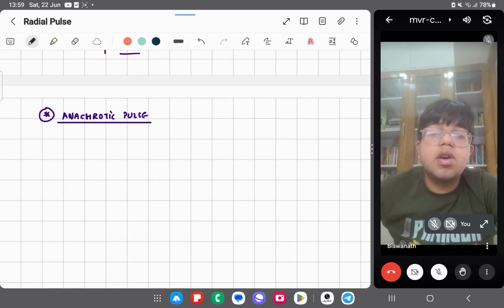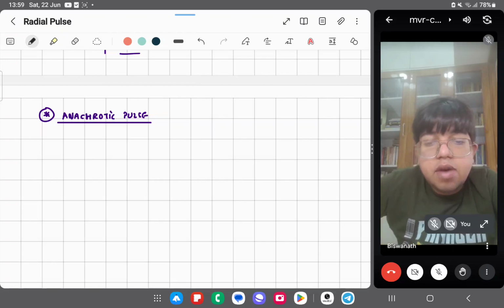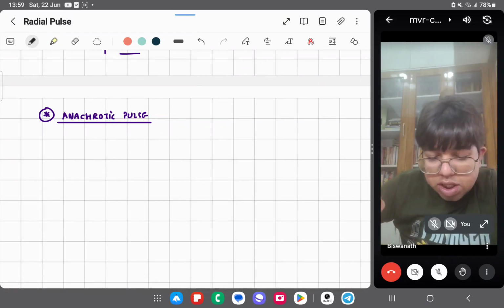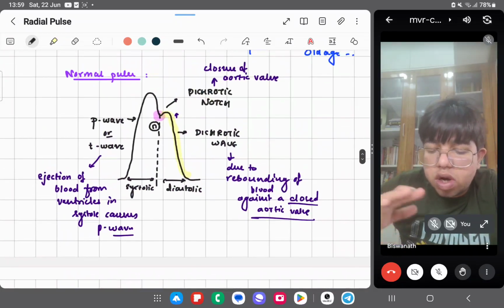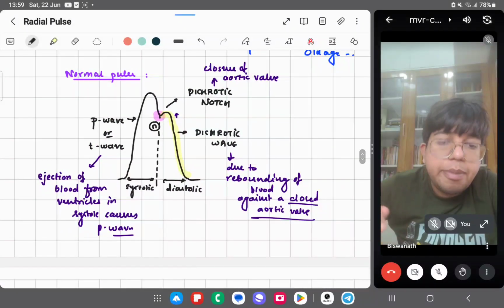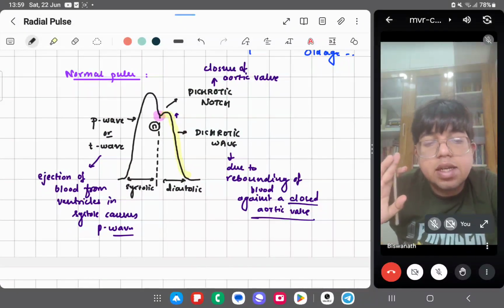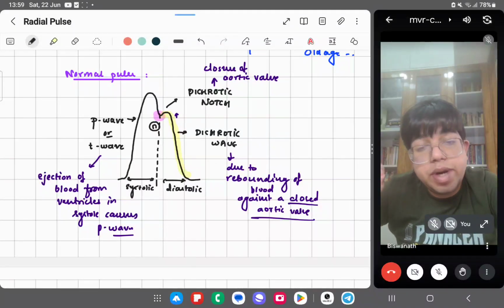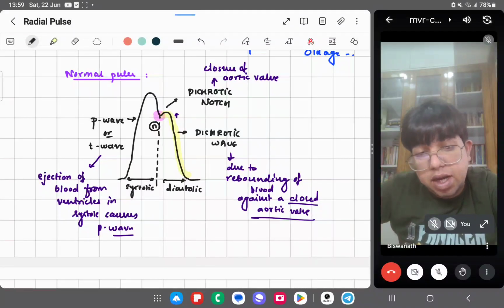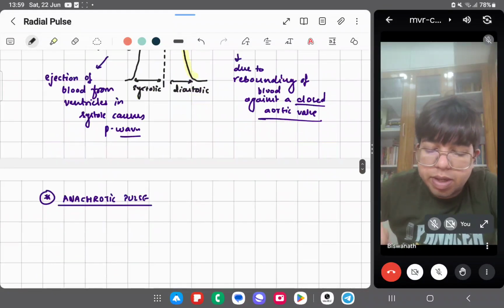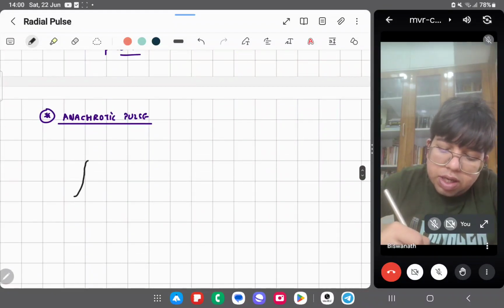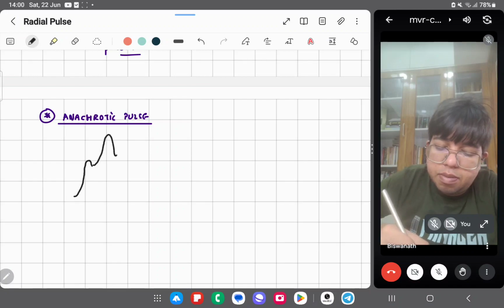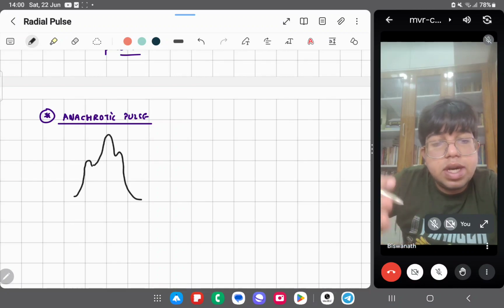The dicrotic notch is separate. We can have an anacrotic notch here. It is not normally visible in the normal pulse, but it is seen very prominently in the anacrotic pulse. So you can have this type of shape.